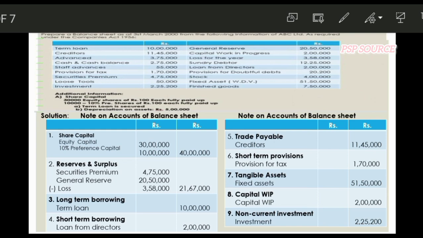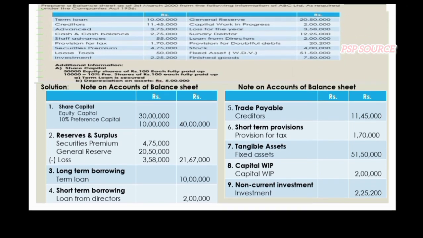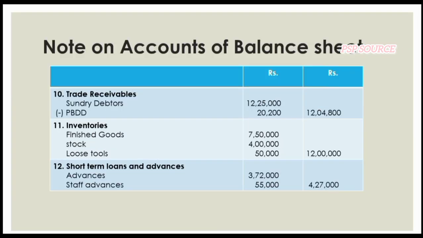For non-current investment, I have given investment of ₹2,25,200 in note number 9. Under the 10th note, I have written sundry debtors. After that, we deduct the old provision for doubtful debt, ₹20,200, from the debtors, 12,25,000.